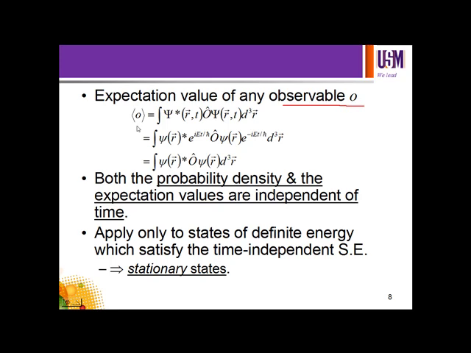So this is the expectation value of O. You have the integration sign here. Then the full wave function conjugate, capital psi with a star there. Then in between the conjugate and the wave function, you have the operator for the observable. If it is position, it's just x. If it is momentum, then you have the differential there, also with energy.